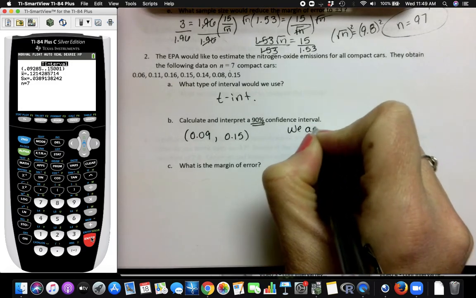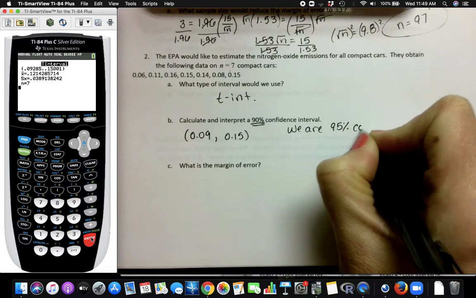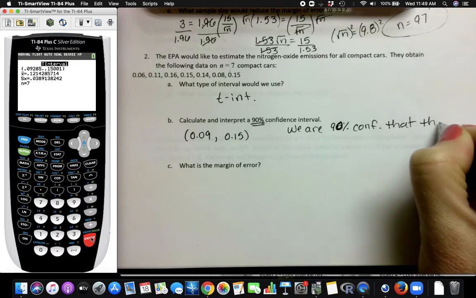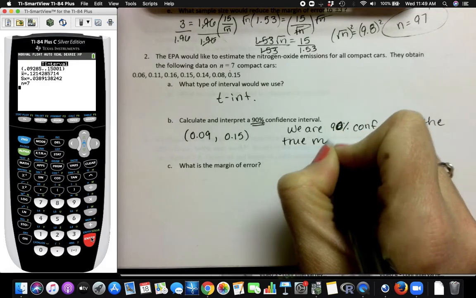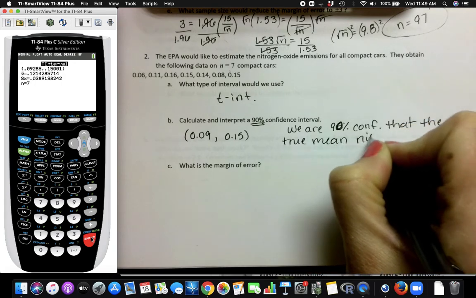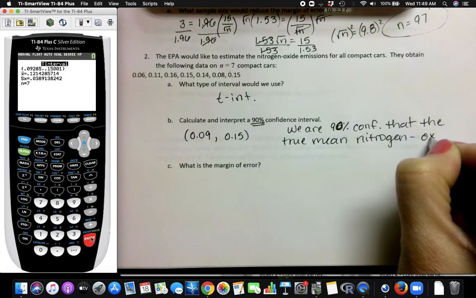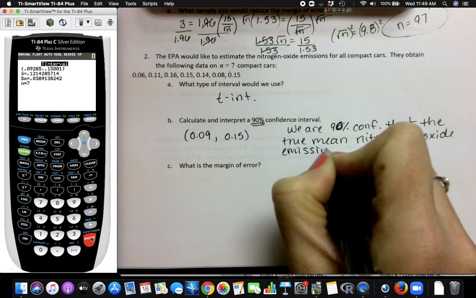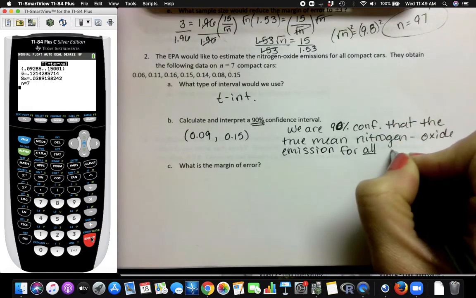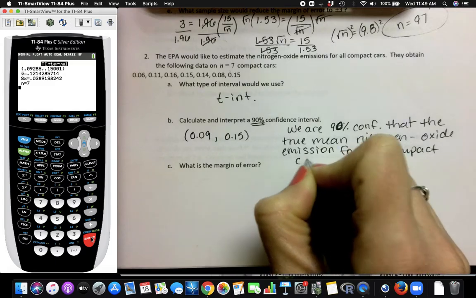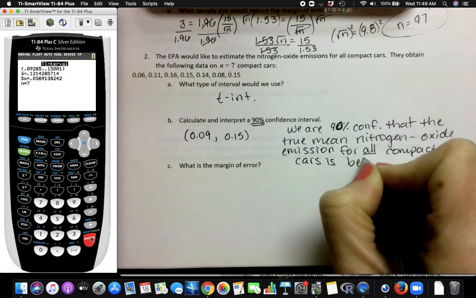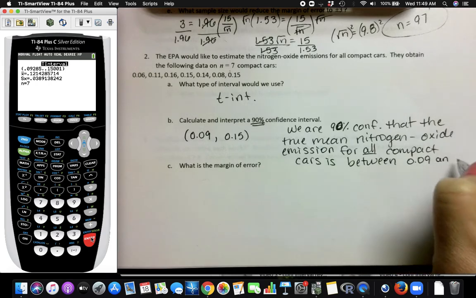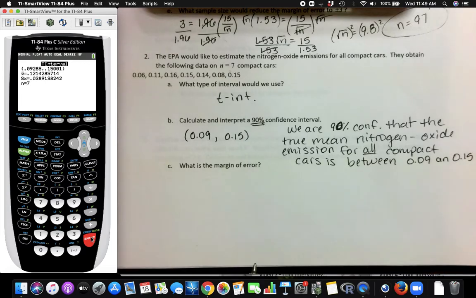So we are 95% confident, no, sorry, 90% confident that the true mean nitrogen oxide emission for all compact cars is between 0.09 and 0.15. Okay, so margin of error.